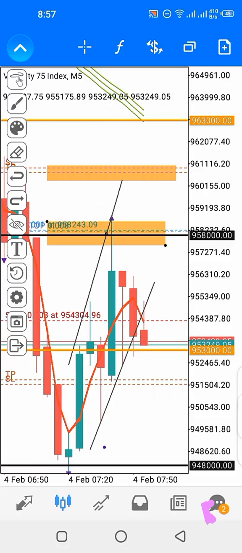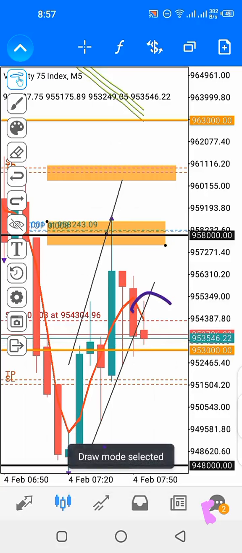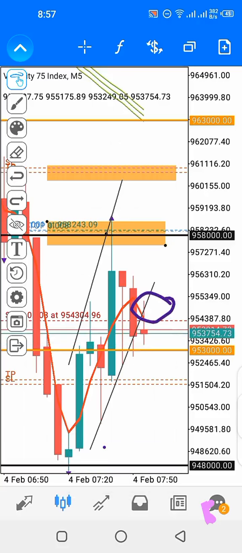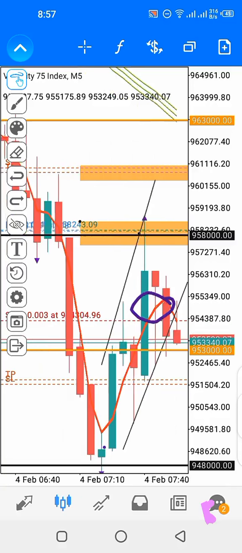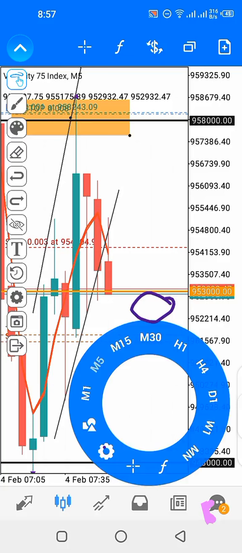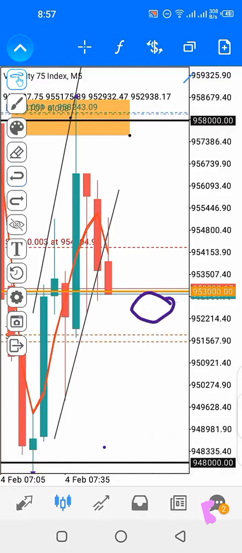We can see price is forming another wick, but the current candle is still on. It's not completely formed yet. There's still less than 3 minutes for the current candle to close, so anything can still happen.